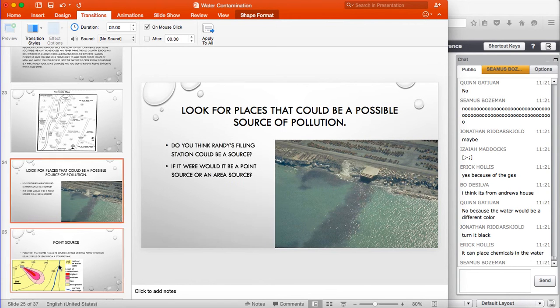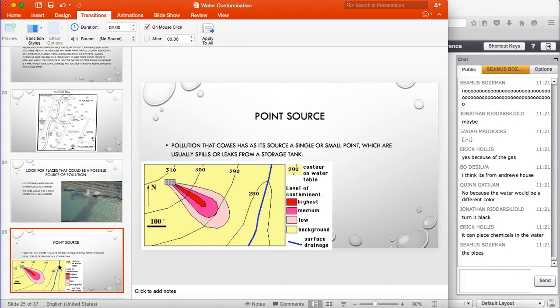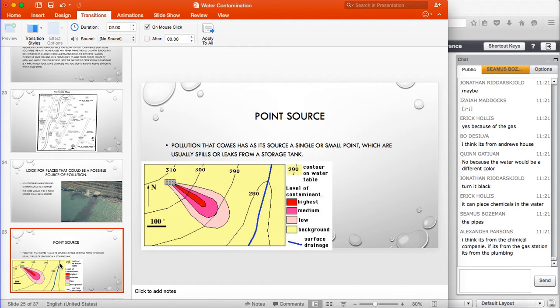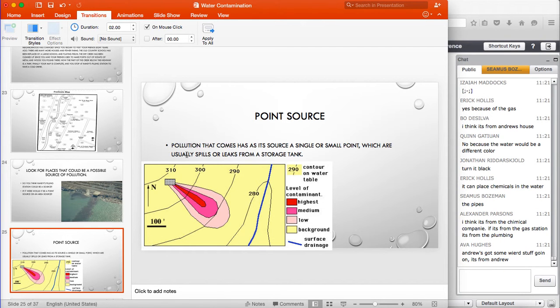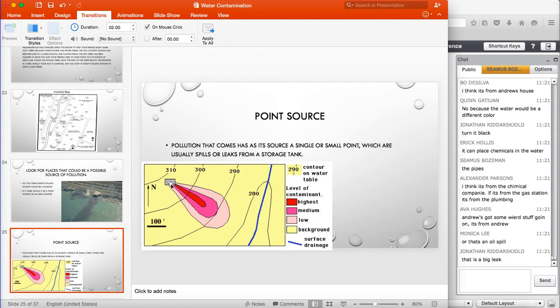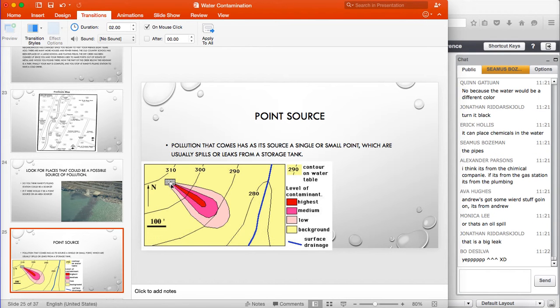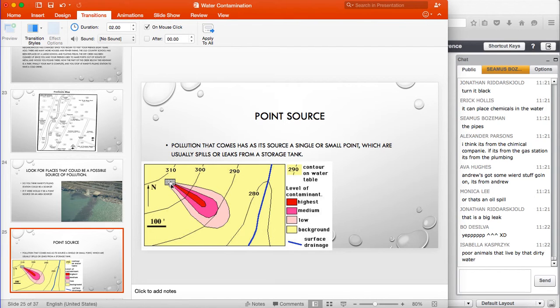This is called a point source pollution. This means the pollution has come from a single point source, a single place. In this case, you know how at Costco they have the gas trucks that come over there, and you ever see the trucks place a hose into the ground and fill up the ground with gas?